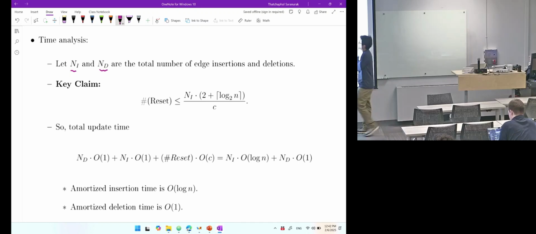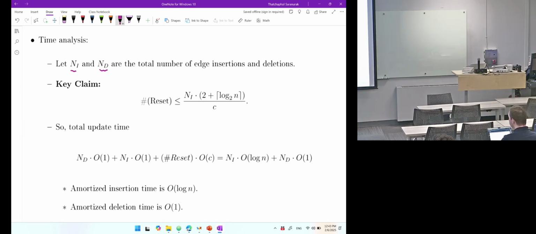My key claim is that the total number of times that I'm going to reset is bounded by Ni times log n over C. We're going to prove this soon, but assuming this, what do we have? We have that the total update time throughout the whole algorithm is the following.